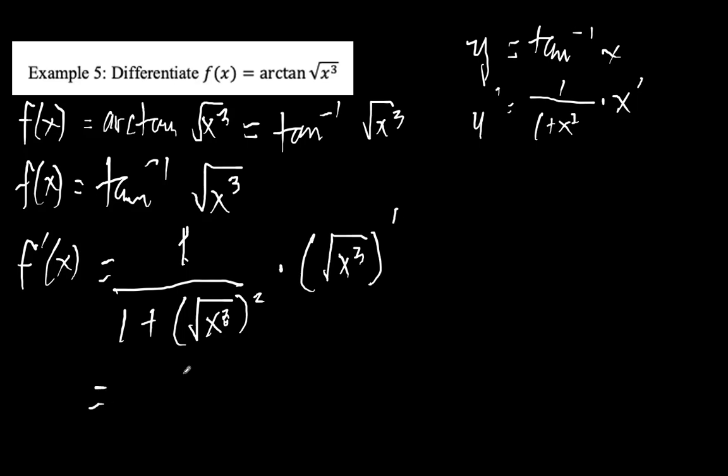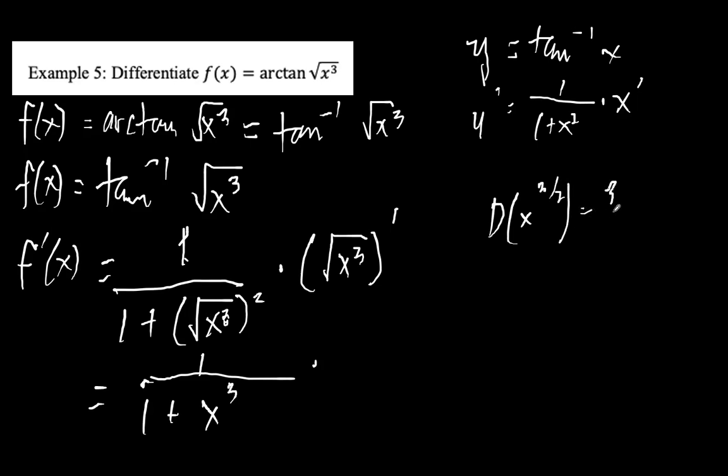Okay, so let's simplify. The square of the square root of x cubed is equal to x cubed, times the derivative of this. Let's work on that. The derivative of x raised to 3 halves is equal to 3 halves x raised to 3 halves minus 1 times the derivative of x, which is equal to 1, correct?